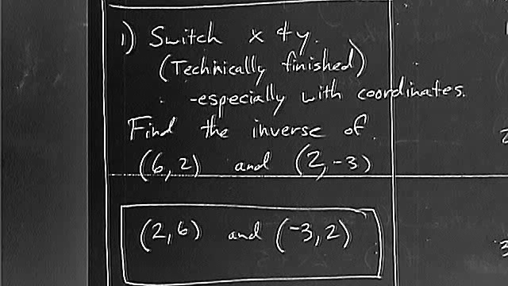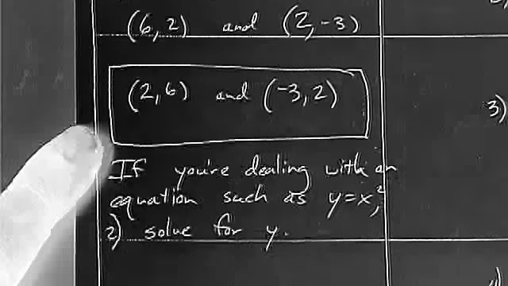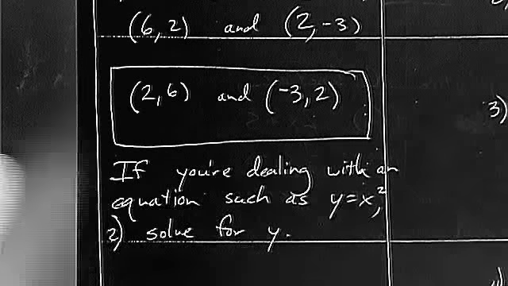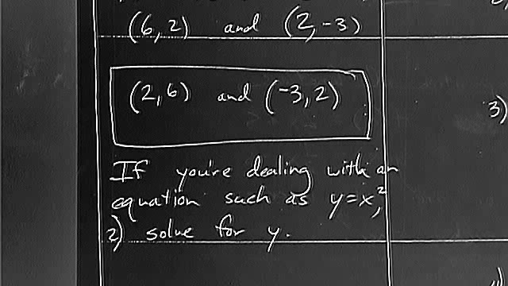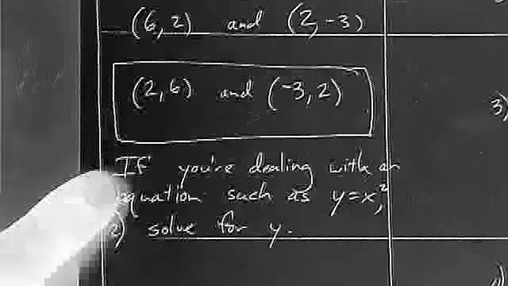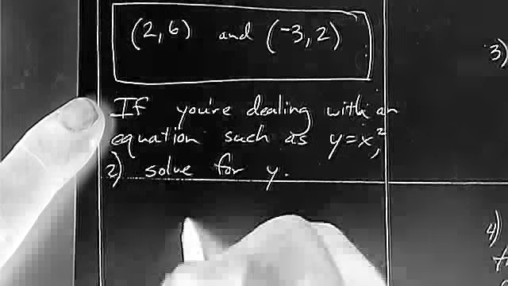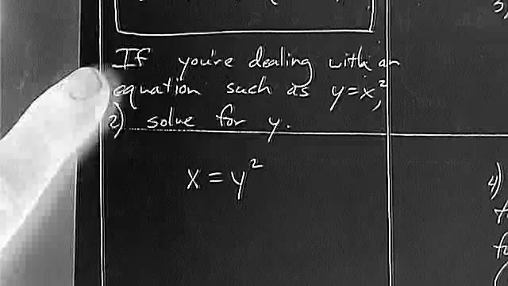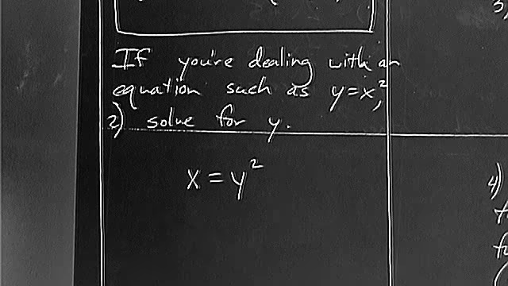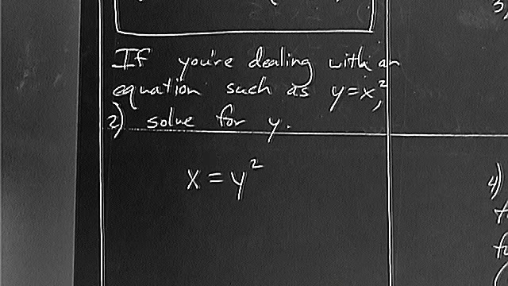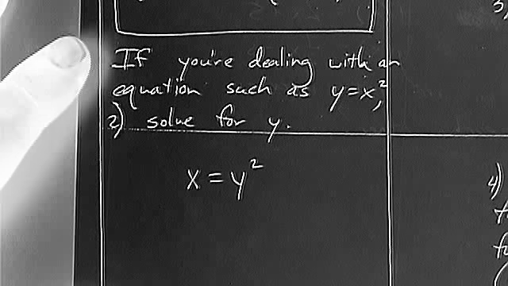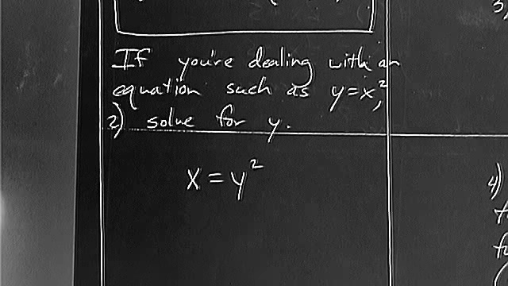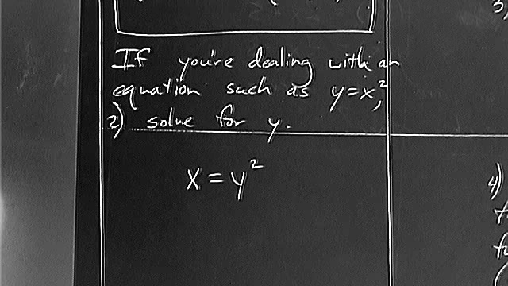Now, if we're dealing with a function or an equation like y equals x squared, math teachers will ask you to do one step further. We will ask you to not only switch x and y, we will ask you to solve that for y, which in some cases is extremely easy, and in other cases will test your algebra skills because you have forgotten some things, probably because you go too close to magnets or something like that.